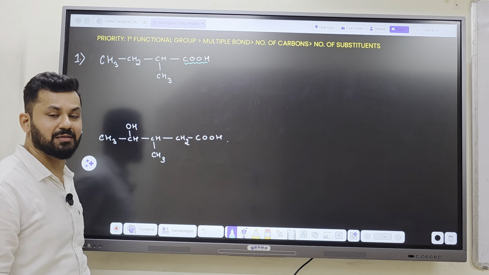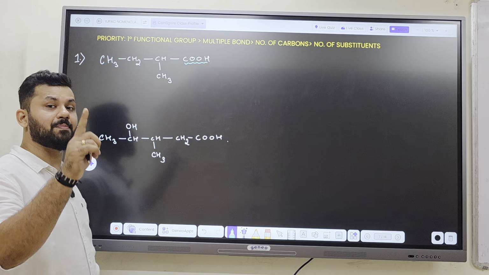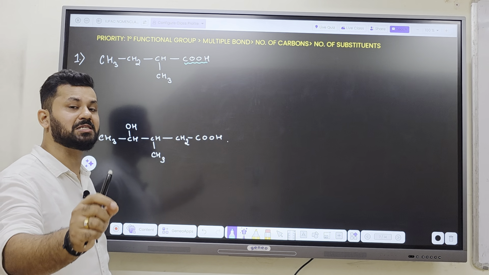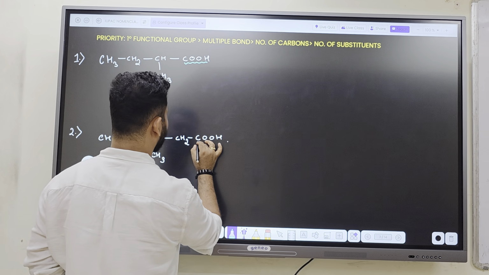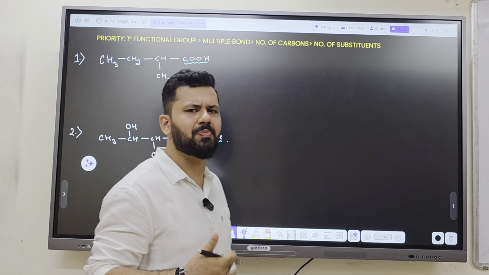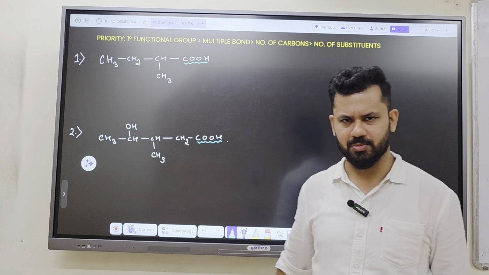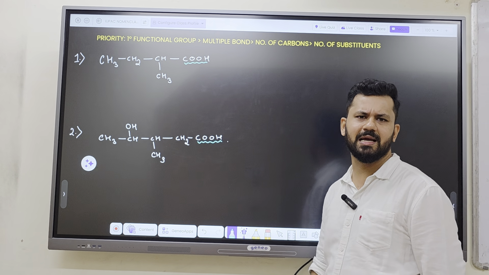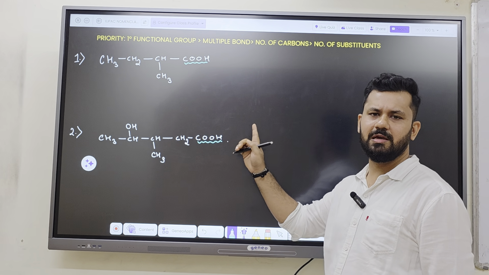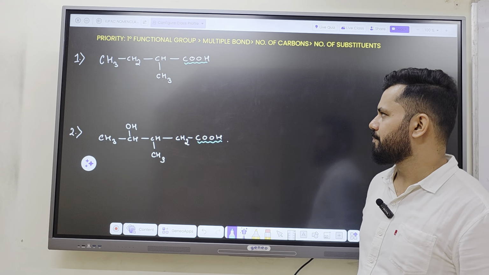Now we have to decide which is going to be our primary functional group or the principal characteristic group, and that is going to be our COOH. COOH has the highest priority among functional groups. If COOH is there, carboxylic acid is there, that becomes our principal or the primary functional group.